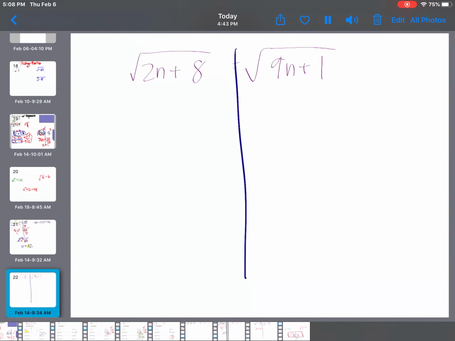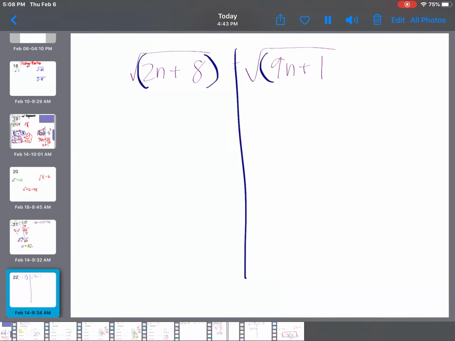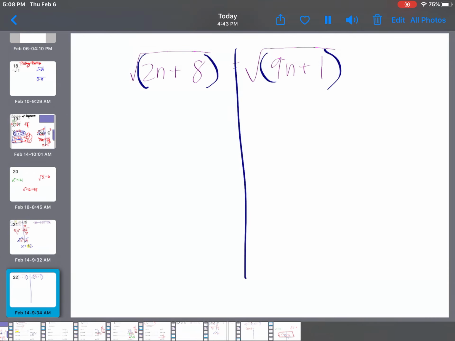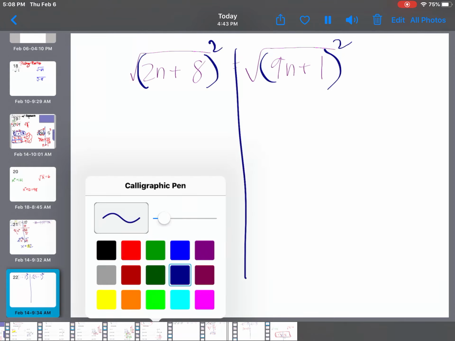This might be helpful to write this problem down. We cannot put these 2 things together if they are underneath the square root roof together, because they are being held captive. So we need to square this side, and whatever we do to that side, we have to square the other.